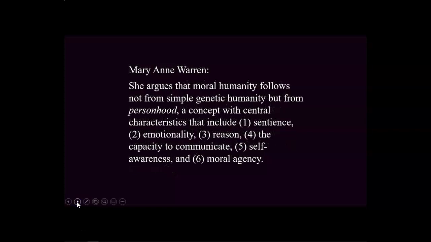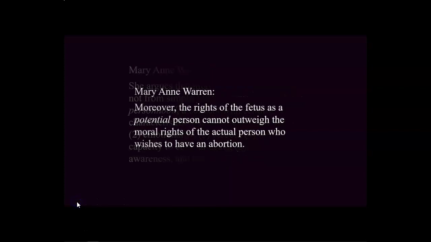She argues that moral humanity follows not from simple genetic humanity, but from personhood, which is a concept with central characteristics that include, number 1, sentience, number 2, emotionality, number 3, reason, which is an awful lot like sentience, number 4, the capacity to communicate, number 5, self-awareness, and number 6, moral agency.